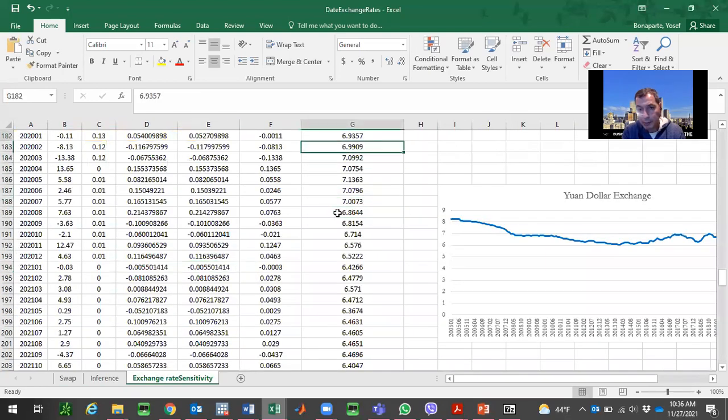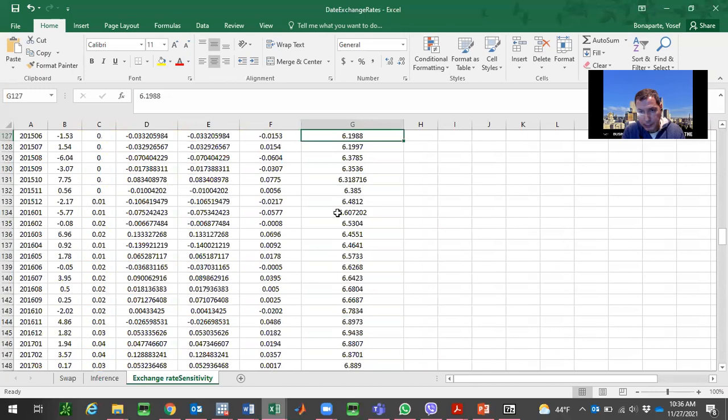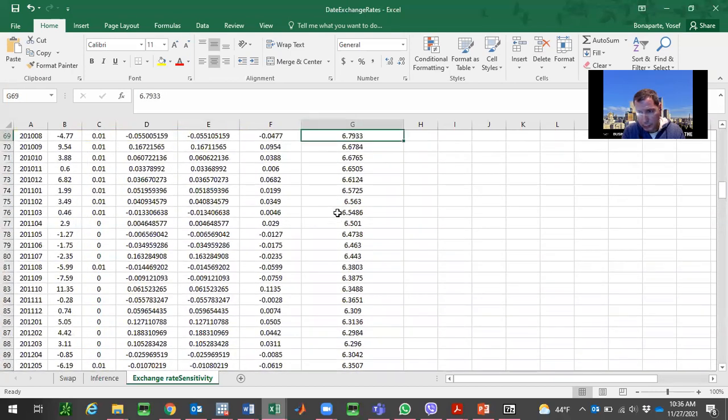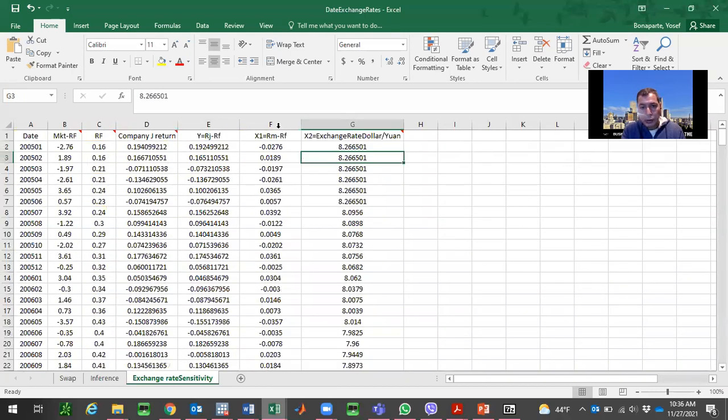I choose a different company. Choose a different company just to change this. Just find a different company other than Apple and do what exchange rate you want. Yuan, you want euro. I can put the euro here if you want.